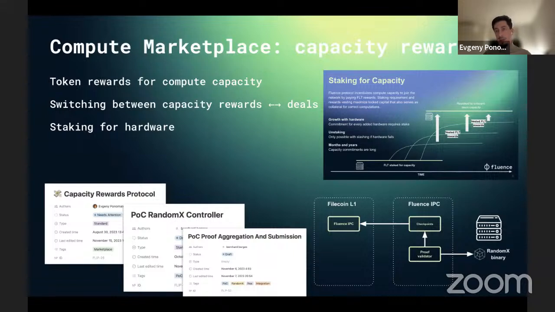This is kind of similar to proof of work a little bit. They will be running random X jobs that are validated on chain, and they will be getting token rewards for it.